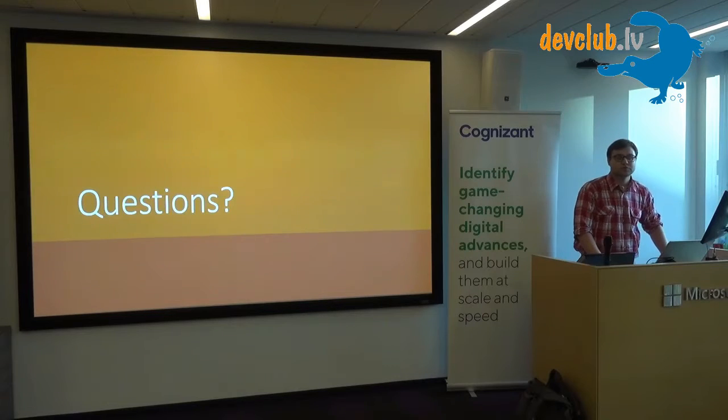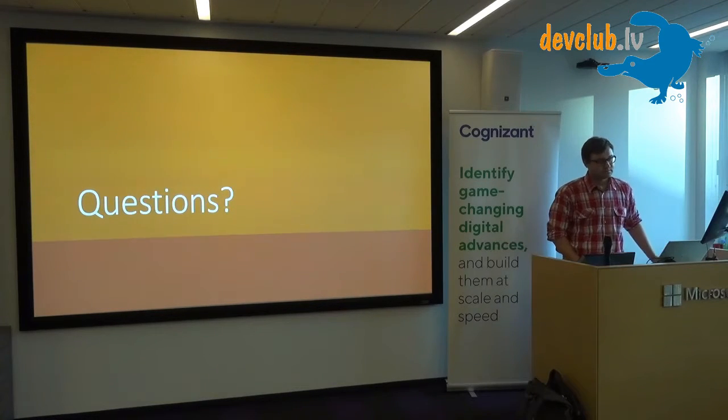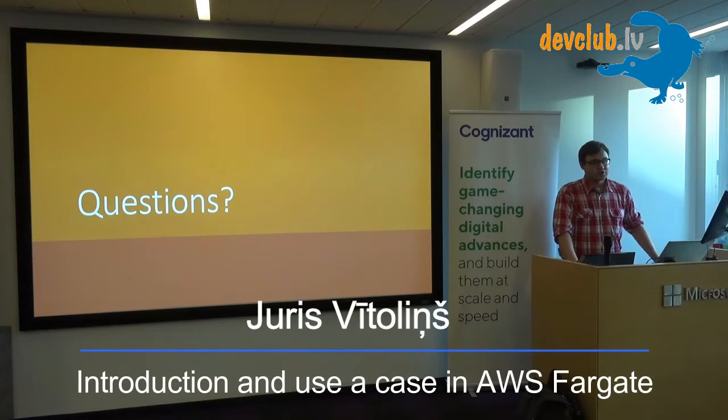Any more questions? Cool. Yes, one more. When you need to debug, how do you do it? Do you have some kind of logs that are sent from the containers? We have two approaches. One is we still keep configuration for EC2 deployments.